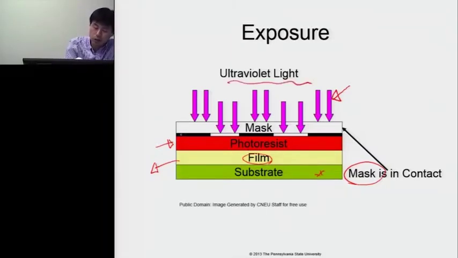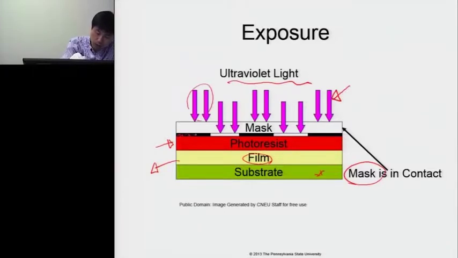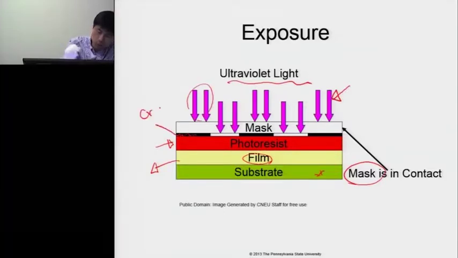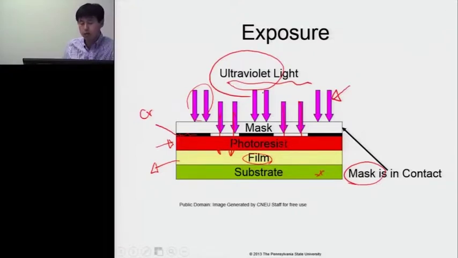Some of the area, the UV light is blocked by the chromium, and in the areas where there's no chromium present, the UV light can directly go to the photoresist, and this energetic UV light will cut the cross-links of the photoresist.